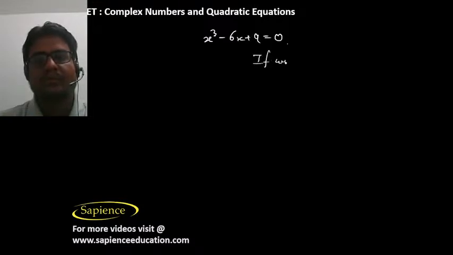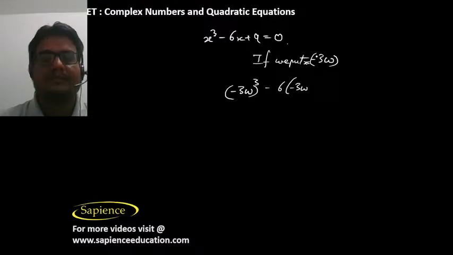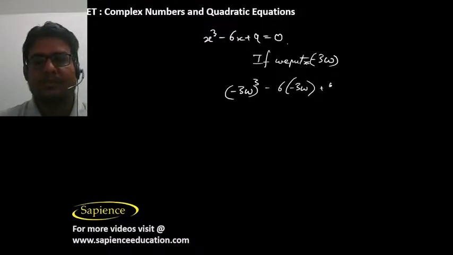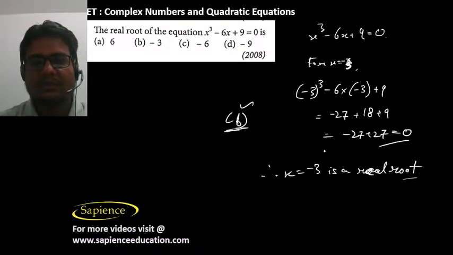If we put minus 3 omega as x, we get minus 27 omega cube minus 6 into minus 3 omega plus 9, which is not 0. So we cannot put that. So minus 3 is the real root here.